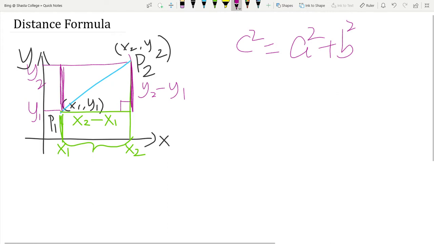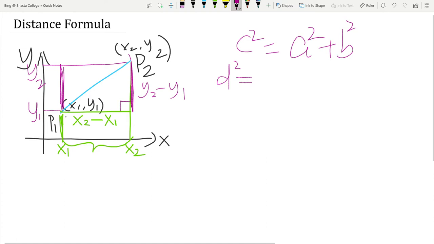Okay, so similarly here, the distance between P1 and P2, let's call it d. Since d here is the hypotenuse of the triangle, d squared should equal the sum of the two legs squared, right?